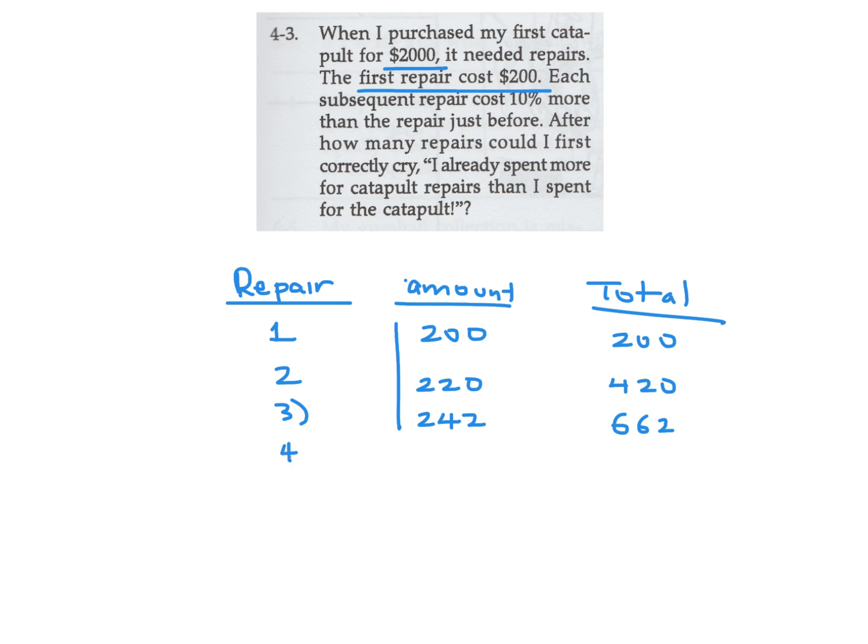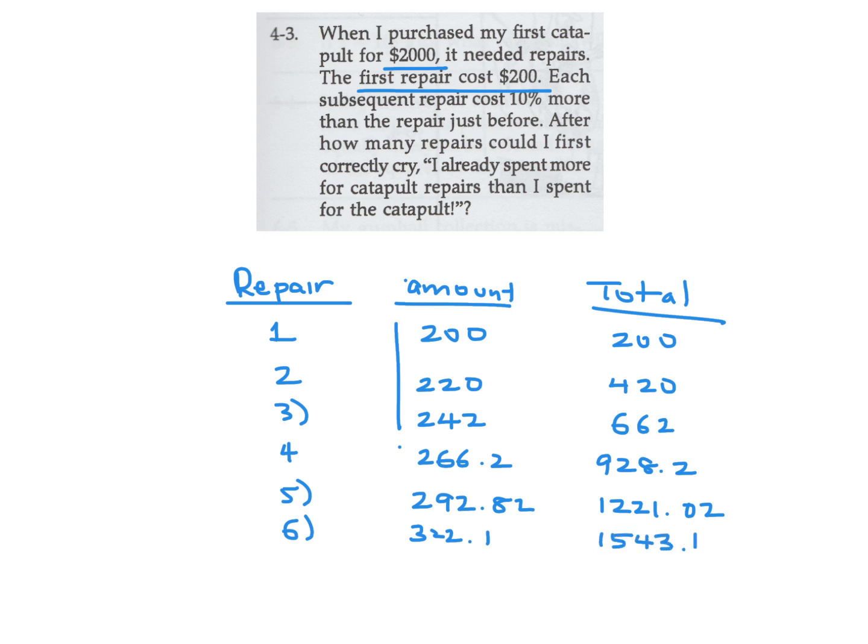So let's just keep going here. Fourth repair is, you can do this in your calculator, 266.2, and that would be 928.2. And then the fifth repair, 292.82, and then 1221.02. Sixth repair, 322.1, and that's going to be 1543.1 approximately.